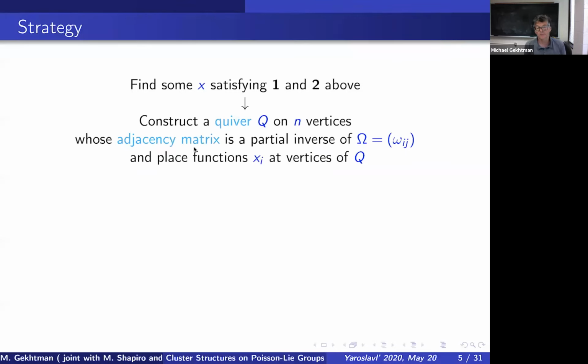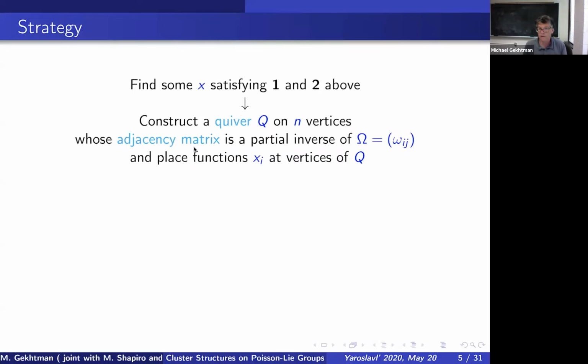You can consider an inverse or partial inverse of that matrix, scale it appropriately so it's an integer matrix, and view this inverse as an adjacency matrix. It will be skew-symmetric, generally speaking, well, almost skew-symmetric. So it is the adjacency matrix of a quiver. Each entry in this matrix tells me how many arrows are between two vertices in my graph. And we place our functions xi at the vertices of this quiver.